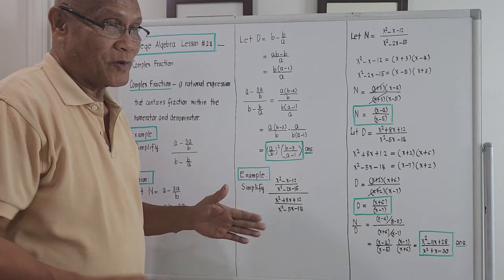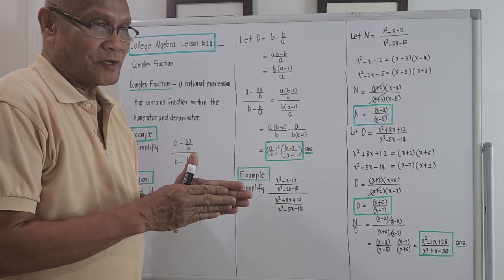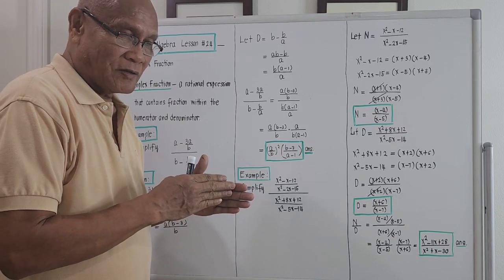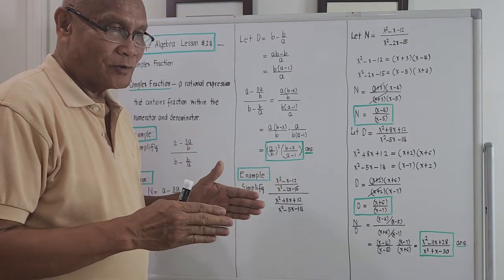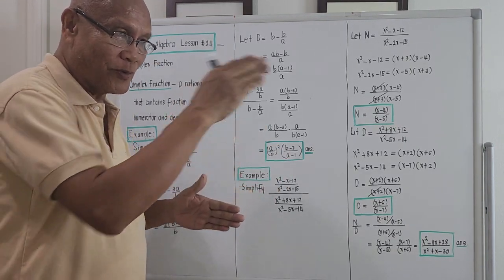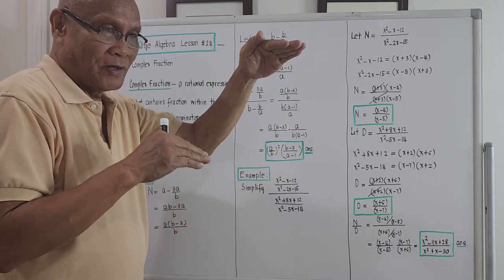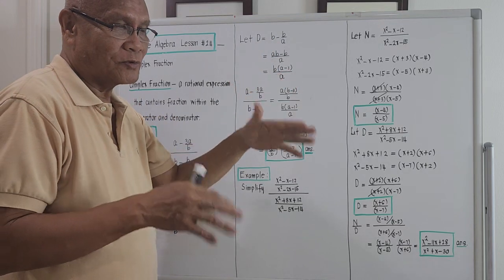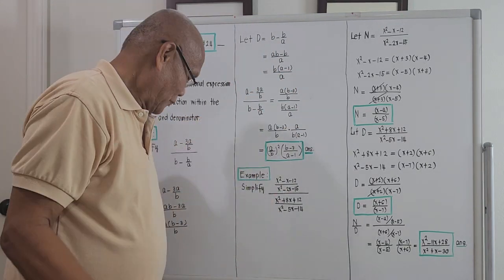That's why it is complex. On the numerator there is a fraction, and also on the denominator there's a fraction.